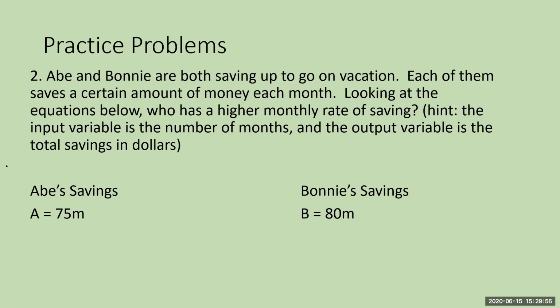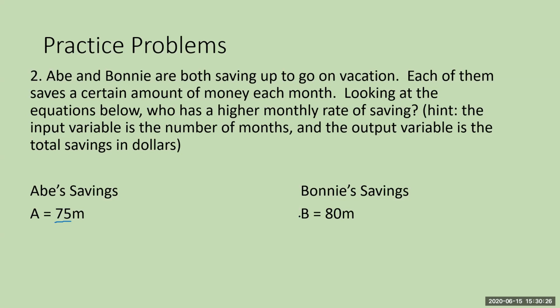So let's look at Abe's savings. This equation is saying Abe's savings are equal to $75 times the number of months that he's been saving. So here, 75 is his rate of savings, or the amount of money that he's putting away each month, right? It's his unit rate, $75 per month. Now what about Bonnie?